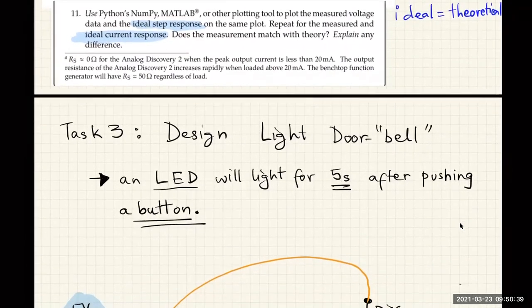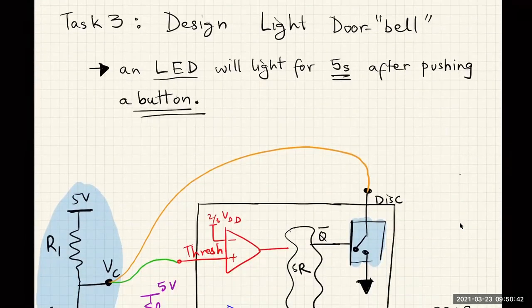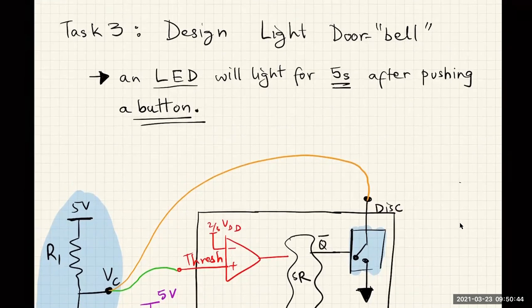Okay, let's talk about task 3. In task 3, we're going to use this capacitor charging profile, or the characteristic time scale of the capacitor charging, to design a timed circuit called the light doorbell.